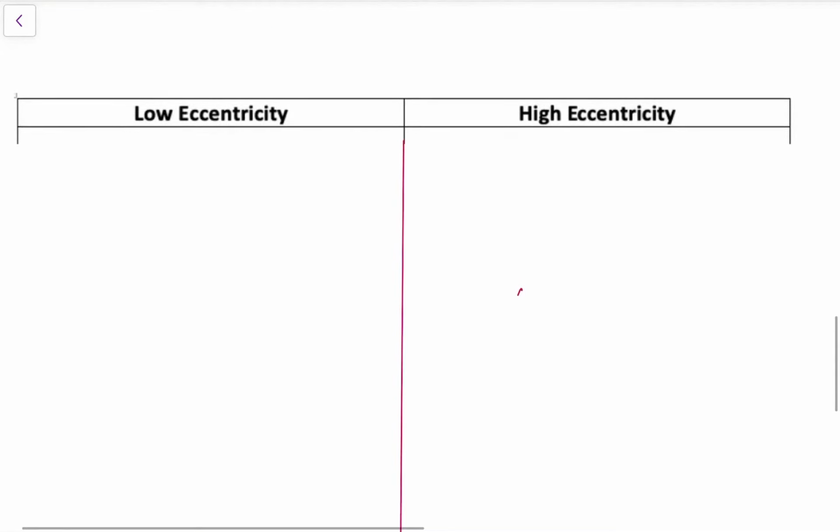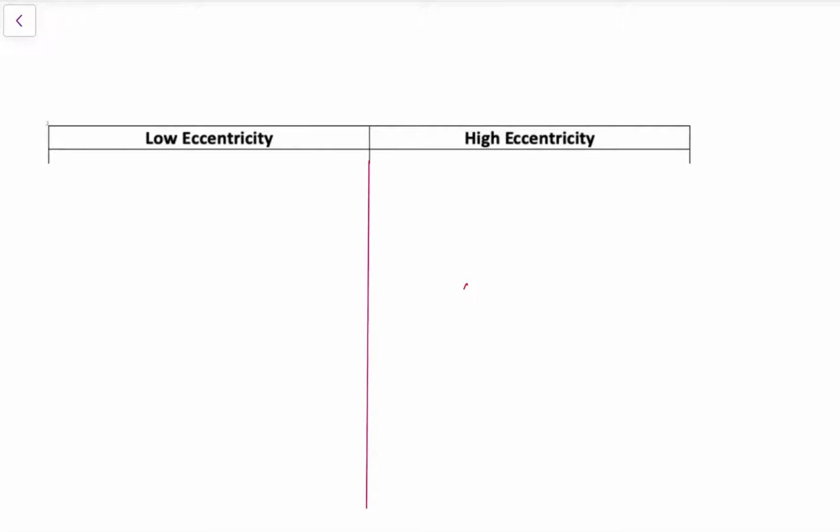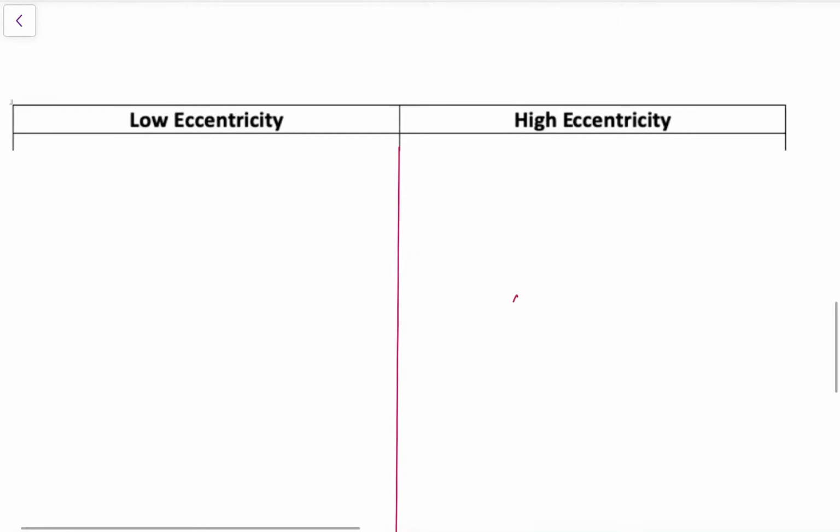Let's make a comparison chart to compare high eccentricity and low eccentricity orbits. When we're talking about low eccentricity, the number for eccentricity, E, is close to 0. E is for eccentricity.